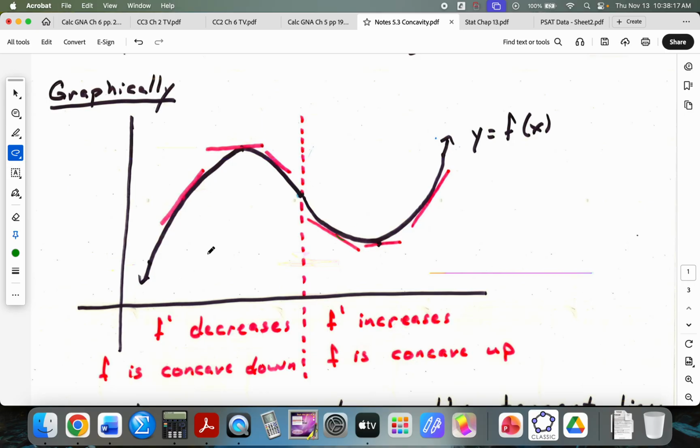So one of the things that this means is that a linear approximation of f of x will be an over approximation.